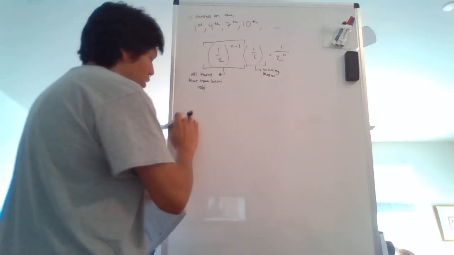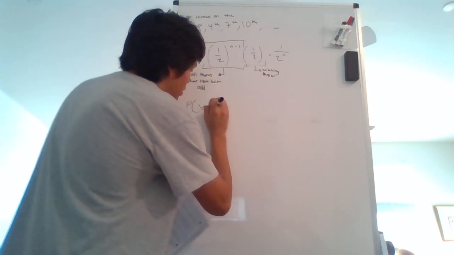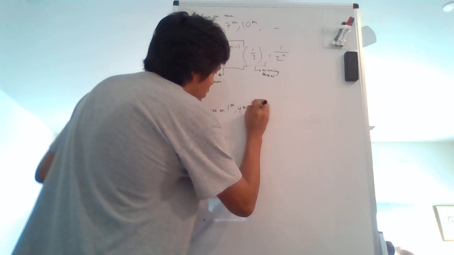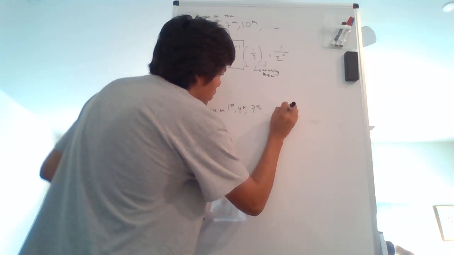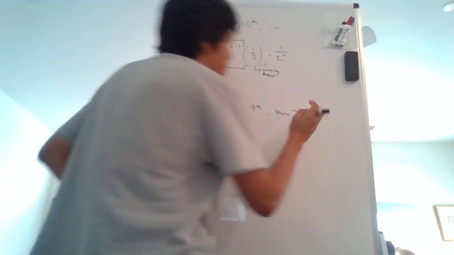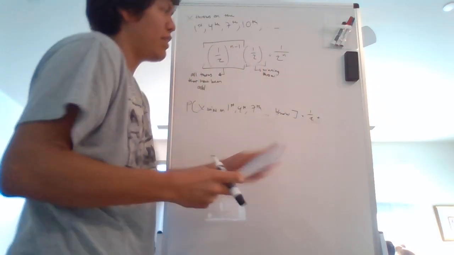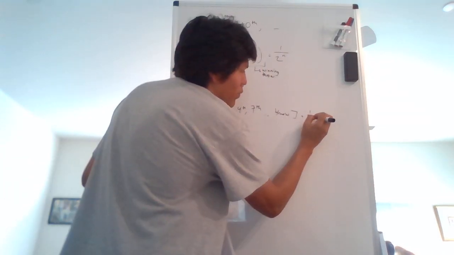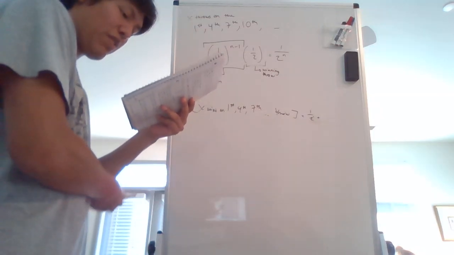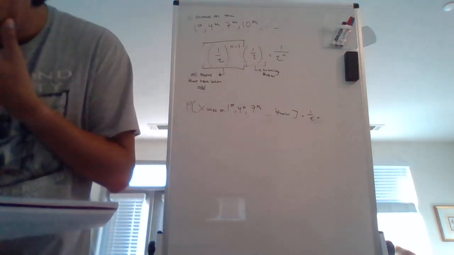So that means that the probability that x wins on the first or fourth or 7th throw is equal to 1/2, and there's kind of an understood 1 right there.